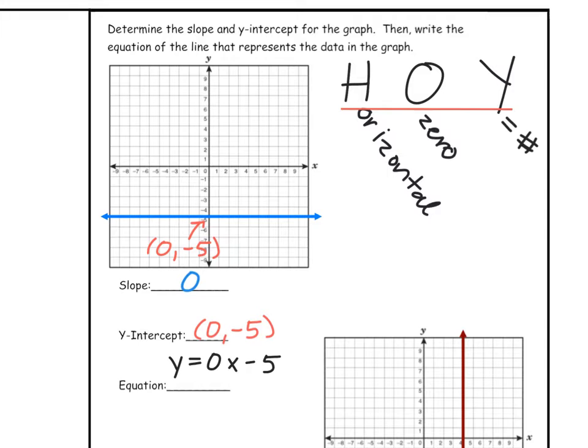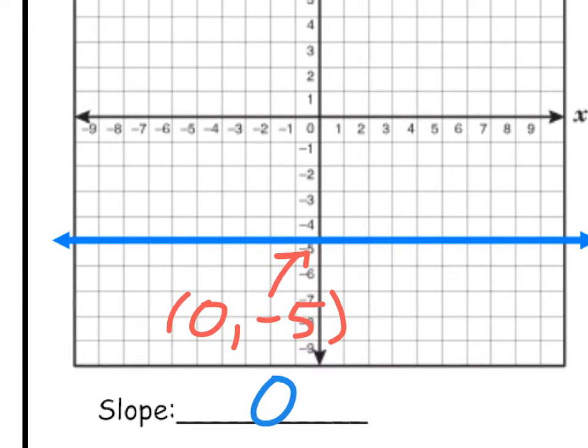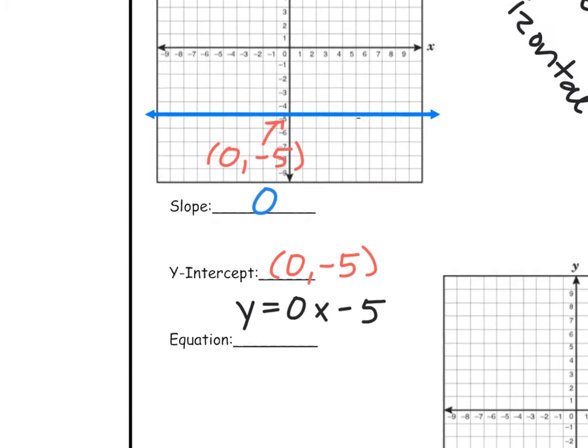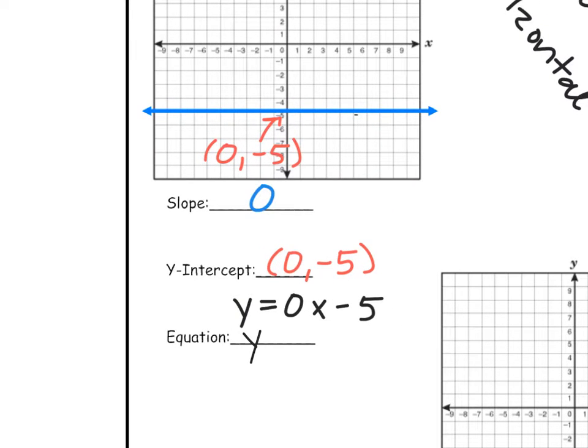A different way we can say it is just y equals, what's y always at? -5. Y is always at -5. And so that's what we're going to say our equation is. Y equals -5. So this is the best equation, y equals -5. If you want to write it as 0x minus 5 first and then simplify it, that's okay.